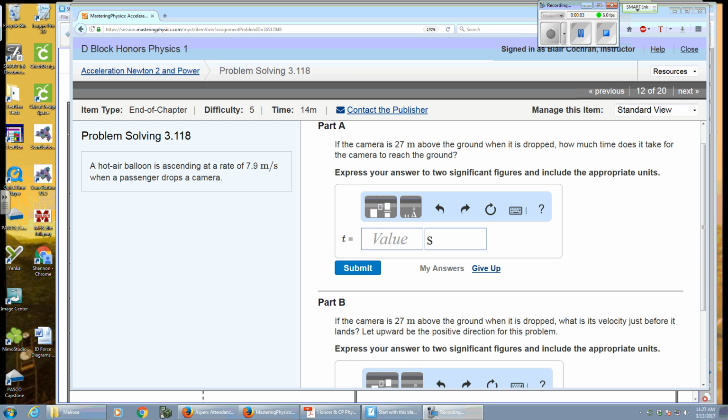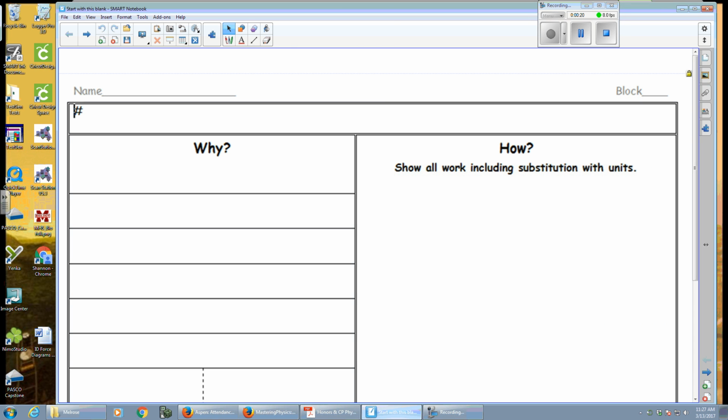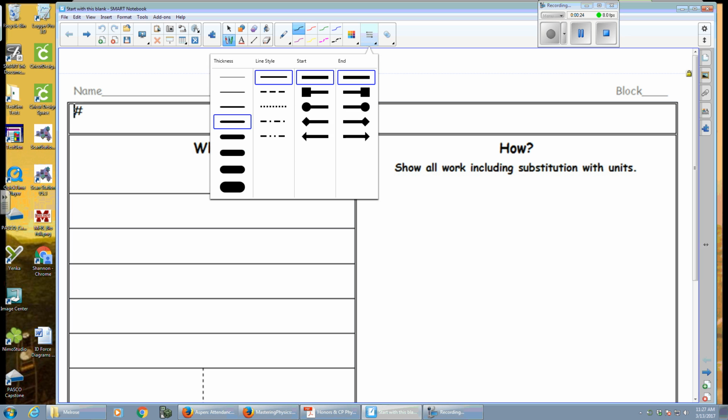All right, we're going to start with 12 because that was by far the most requested. You've got the hot air balloon going up and it drops the camera. So immediately, right away, the camera is in free fall. That is kind of the key here.